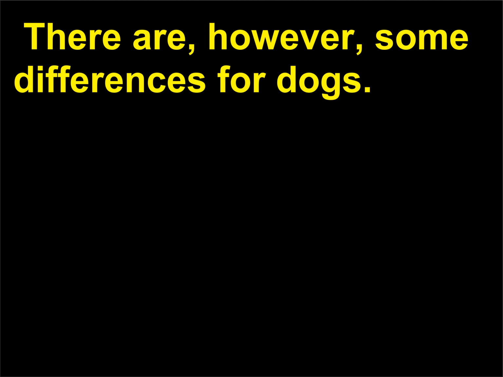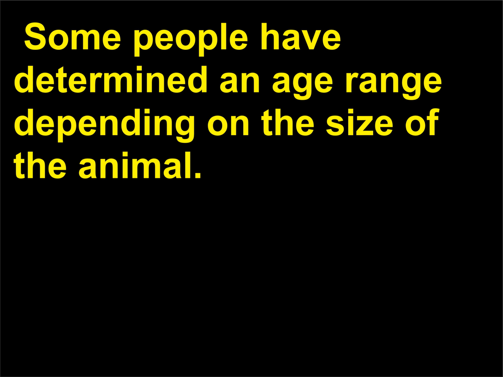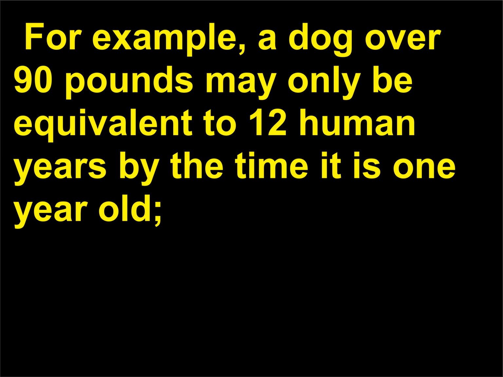There are, however, some differences for dogs. Some people have determined an age range depending on the size of the animal. For example, a dog over 90 pounds may only be equivalent to 12 human years by the time it is 1 year old.